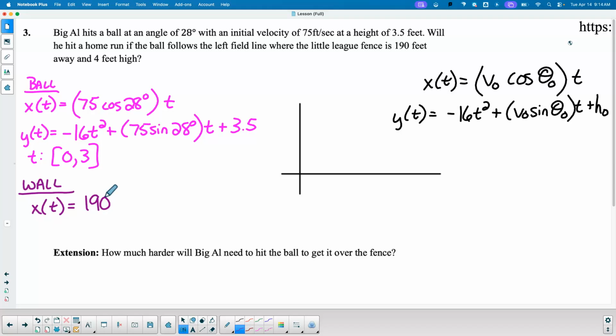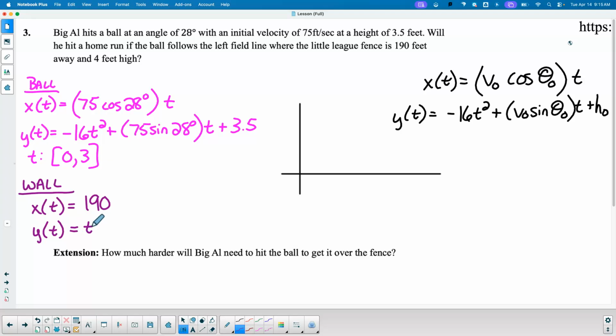Okay. What is our y value going to be? What do you got? But if we just do 4, then it's just going to put a dot at 190, 4. We won't be able to actually see the wall. I like what you're thinking, but that's just going to be a dot, probably hard to see. So let's actually build a wall. Let's call it t.